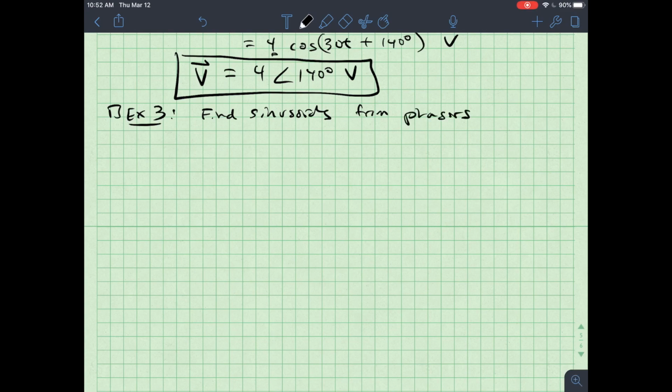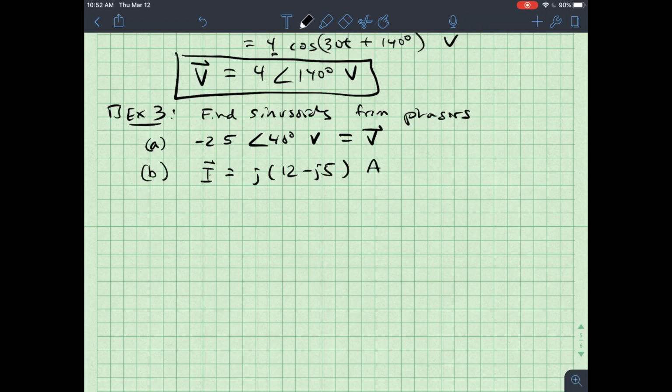All right, so part A, I've got negative 25 angle 40 degrees volts is equal to V phasor. I've already broken a rule because I have a negative sign there, but we'll account for that when we convert. And then the other one will say I phasor is equal to j times 12 minus j5 amps.